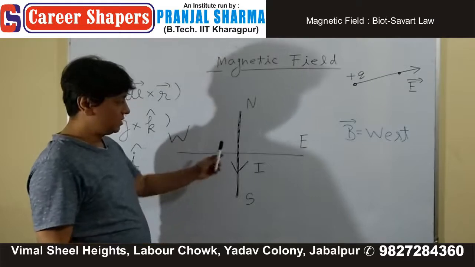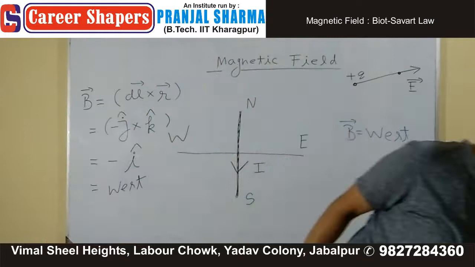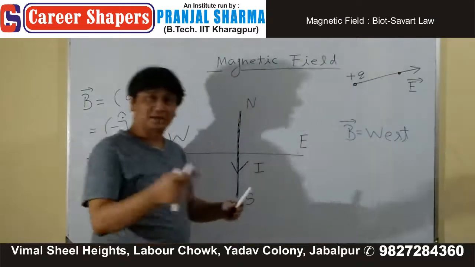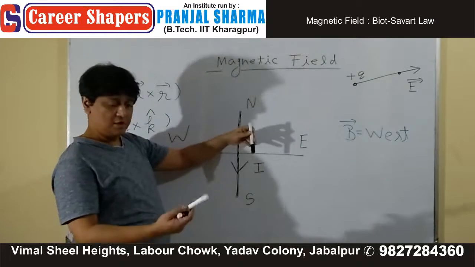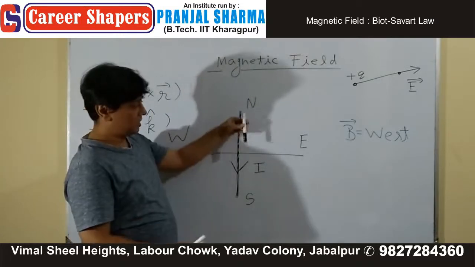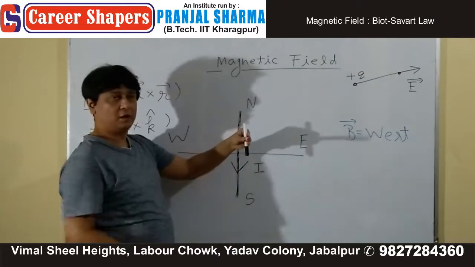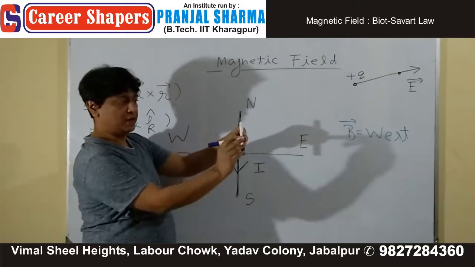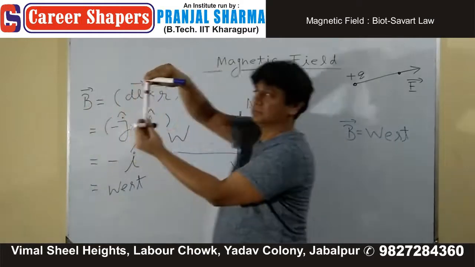So you have a wire. This is the direction of current. You will understand 3D in this form. Current carrying wire. I need magnetic field above the wire over here, and it is pointing in this direction. That's what is happening.